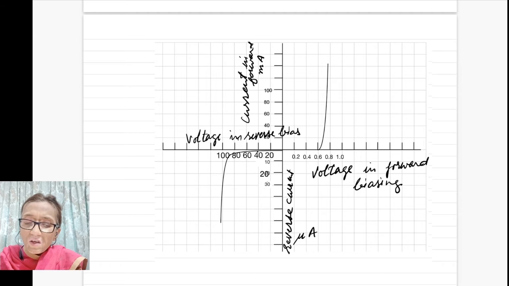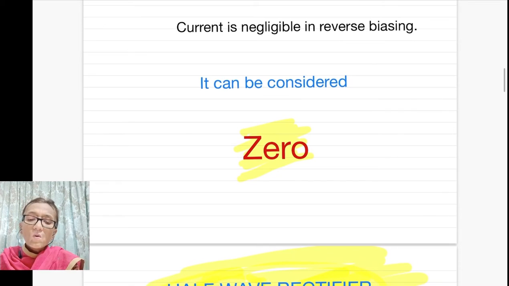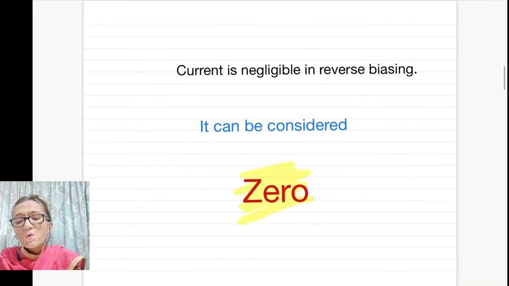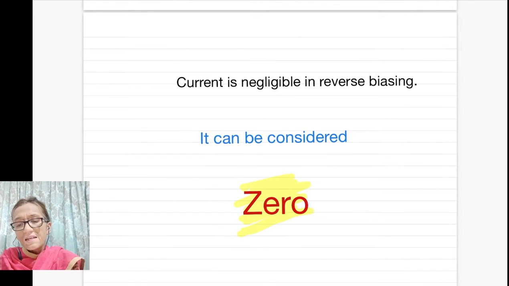You can see that this current is also very small up to 80 to 100 volt. Current is this small in reverse biasing, so it can be neglected. When the positive terminal of a battery is not connected to the P type but to the N side of the semiconductor, we consider that zero current flows in reverse biasing.